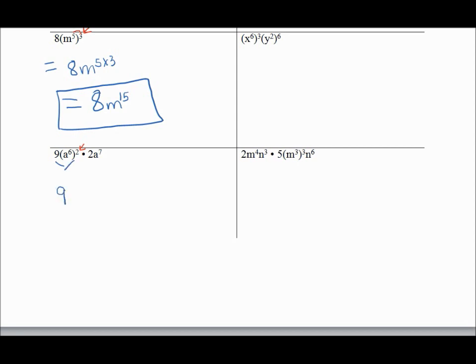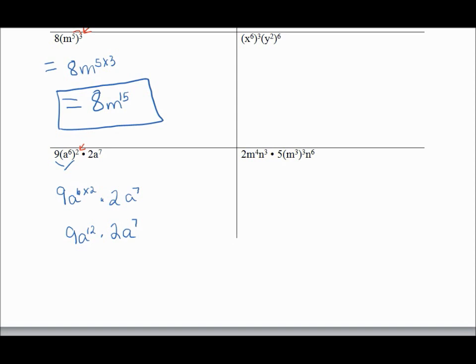That will give me 9 times a to the 6 times 2. I'm going to multiply those together, times 2a to the 7th. So this becomes 6 times 2 is 12, 9a to the 12th times 2a to the 7th.